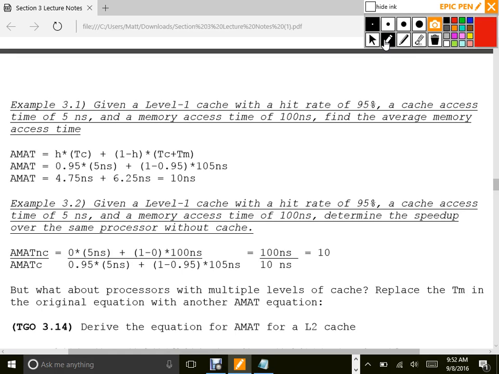Which means we use our equation, 0 times 5 nanoseconds plus 1 minus 0 times 100 nanoseconds. It's just the same equation. So this becomes 100 nanoseconds over 10 nanoseconds. Therefore, by adding a level 1 cache, we've already provided a speedup of 10.